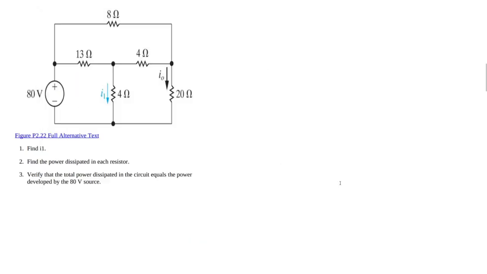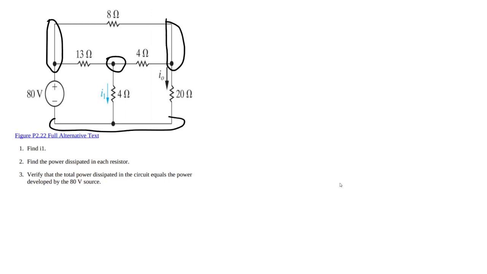All right, so for 2.22, we're going to try and do a little bit more nodal analysis, try and familiarize ourselves with it. Okay, so number one thing we're going to do is identify our nodes. We got a node here, we got a node here, we got a node here, and we got a node here.